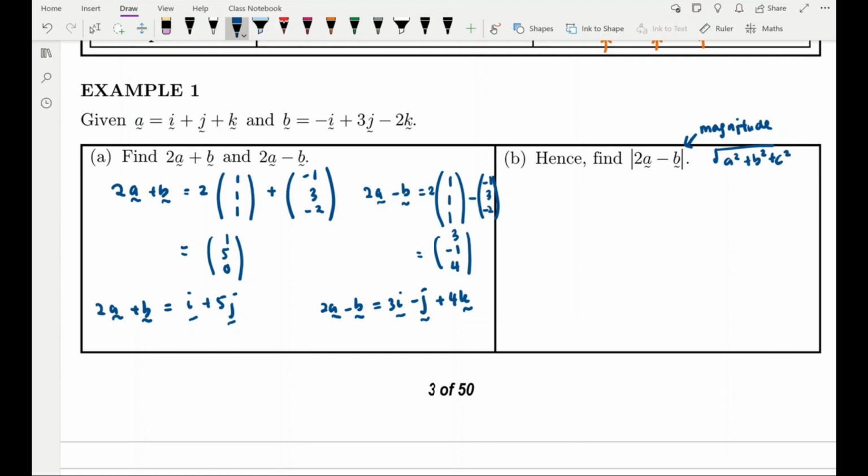So by using the distance formula, we can get the magnitude for 2a minus b is 3 squared plus negative 1 squared plus 4 squared. So we can get square root of 26.